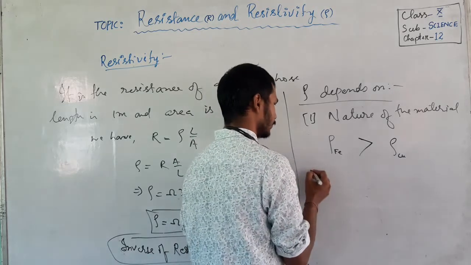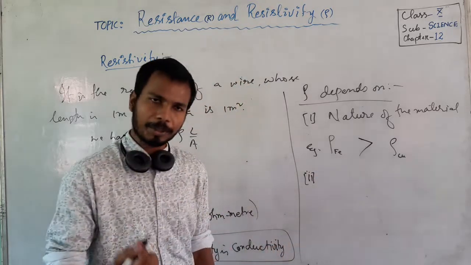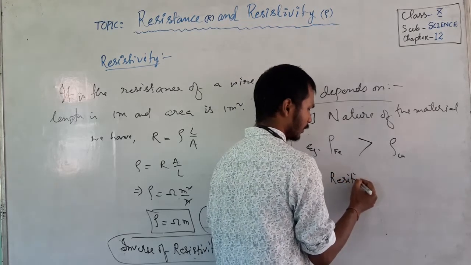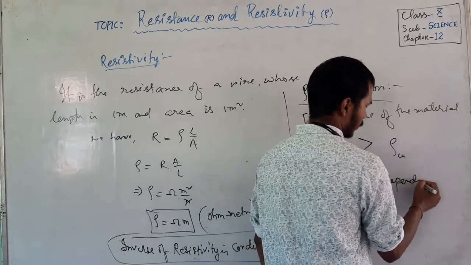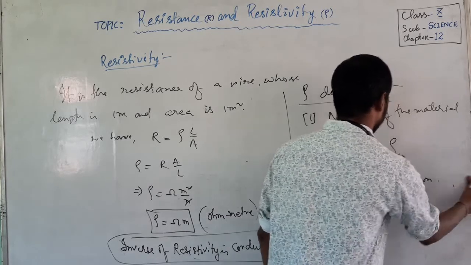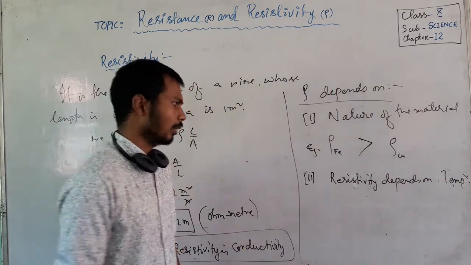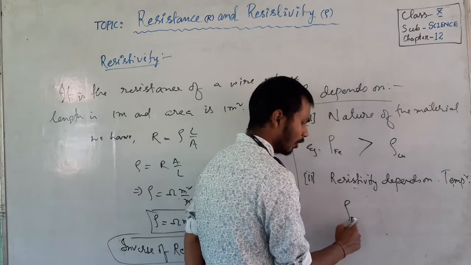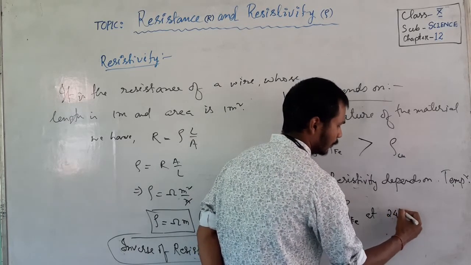Okay, so next, number 2, it depends on temperature also. Resistivity depends on temperature. How? Say this rho Fe is the resistivity of iron at say 24 degrees Celsius.